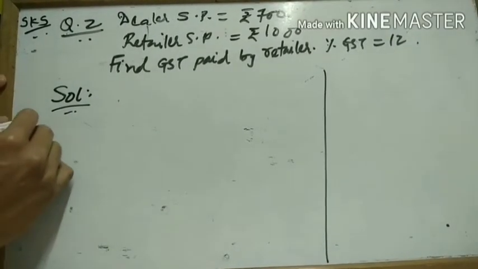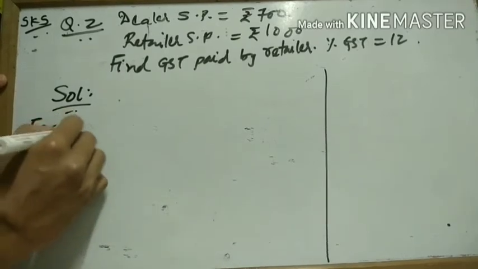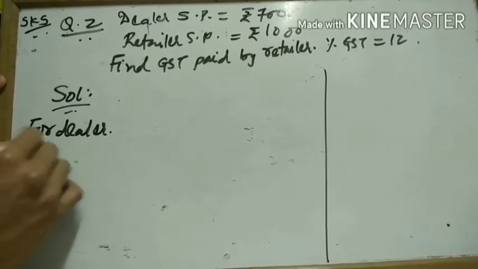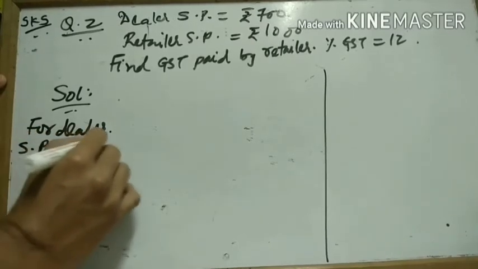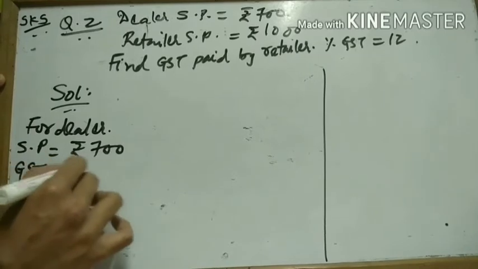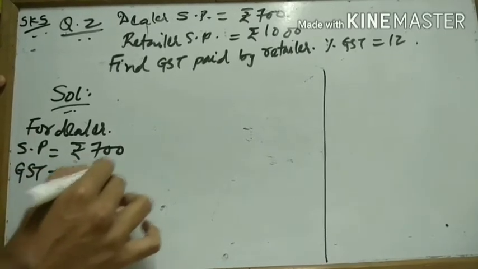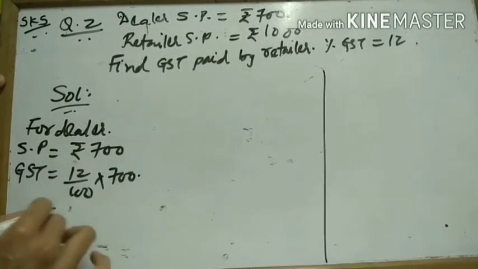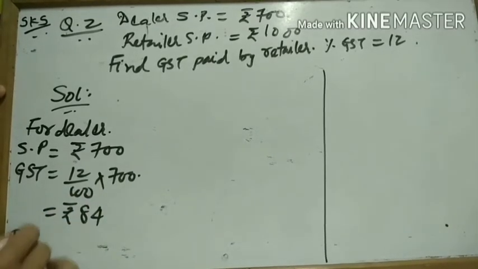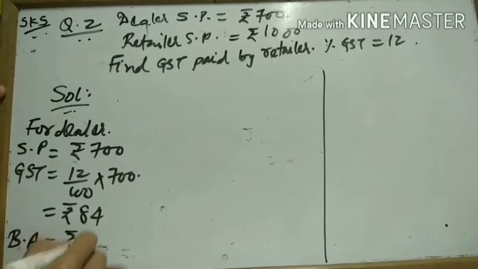First of all, we'll see for the dealer. SP is 700. So GST will be equal to 12 over 100 multiplied by 700, that is rupees 84. So his bill amount will be equal to rupees 784.